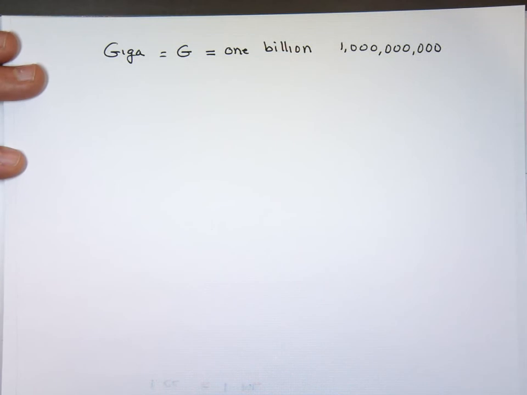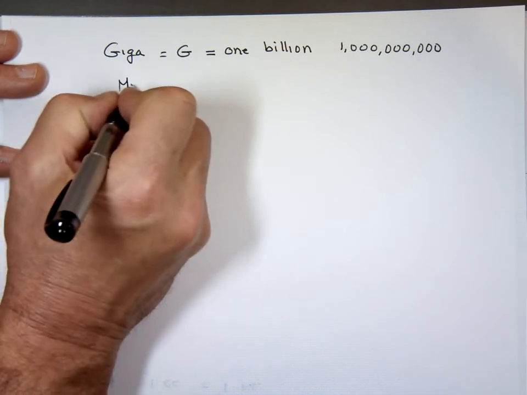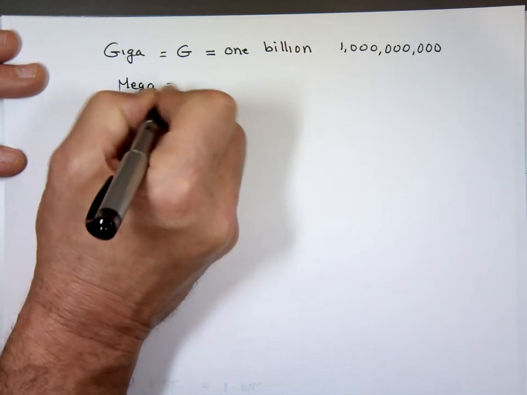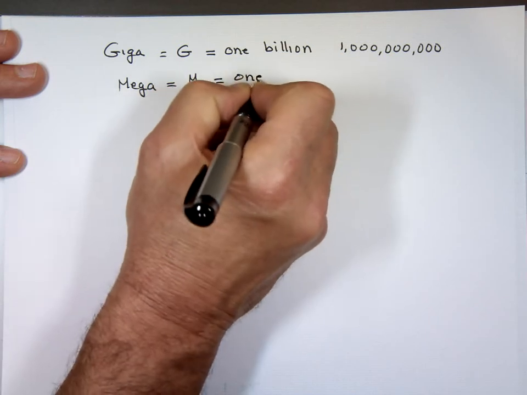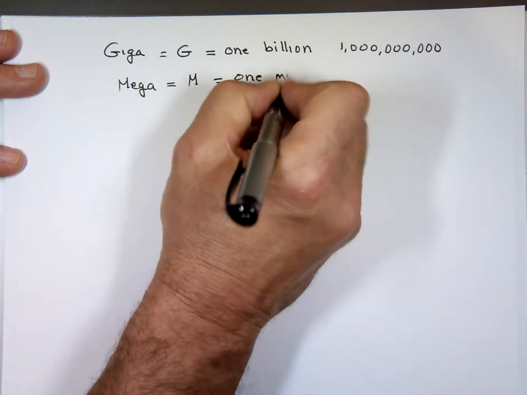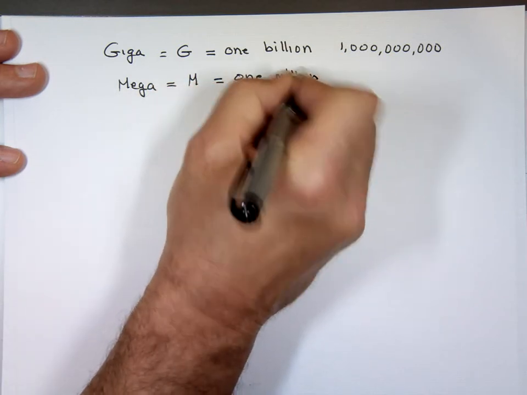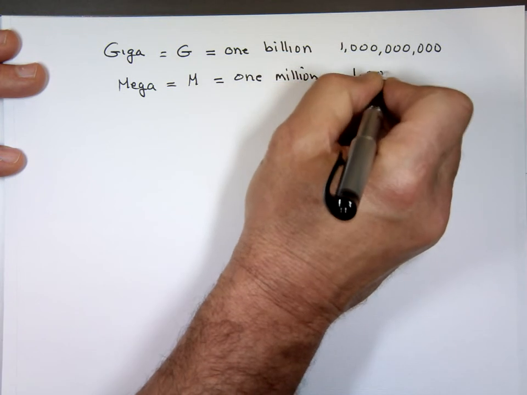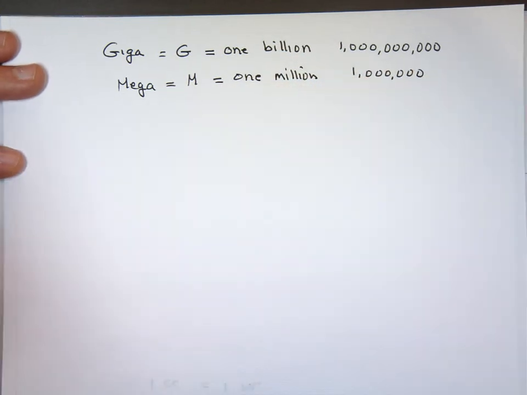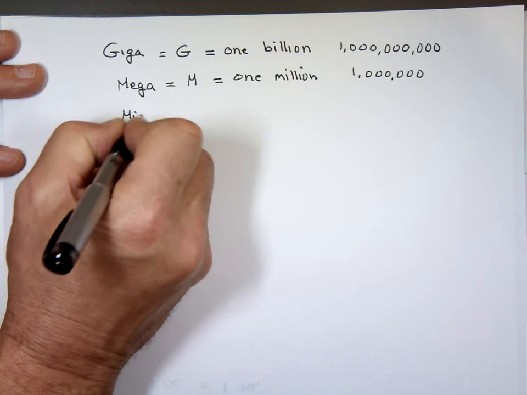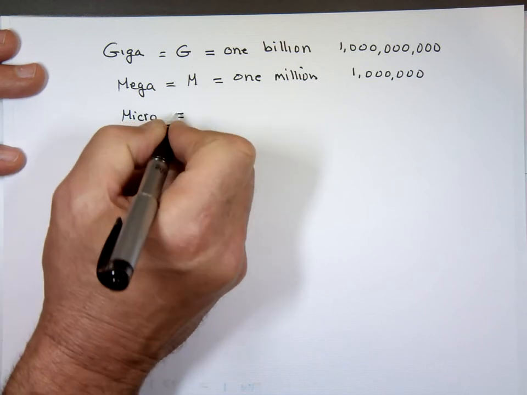Then there's the mega. M, capital M. 1 million, not billion, 1 million. Then there's the micro. We use mu for that.